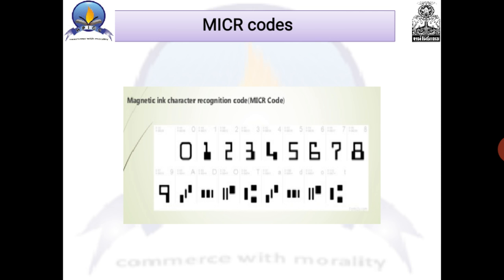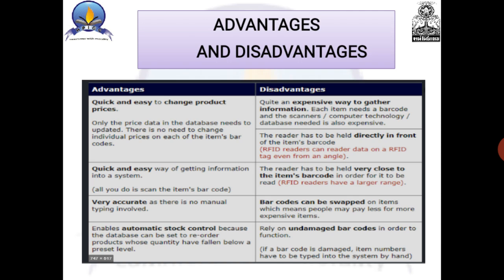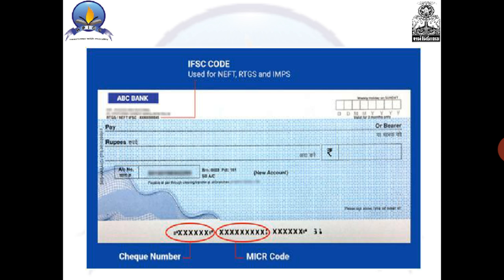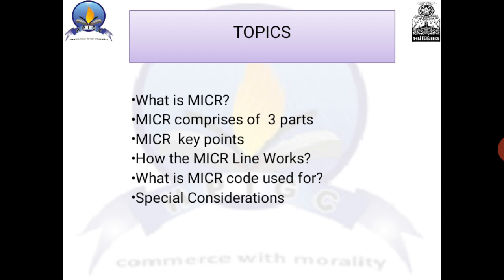Now, after this, let me discuss further points, that is, how the MICR line works. The magnetic ink character recognition line is used mainly by the banking industry.